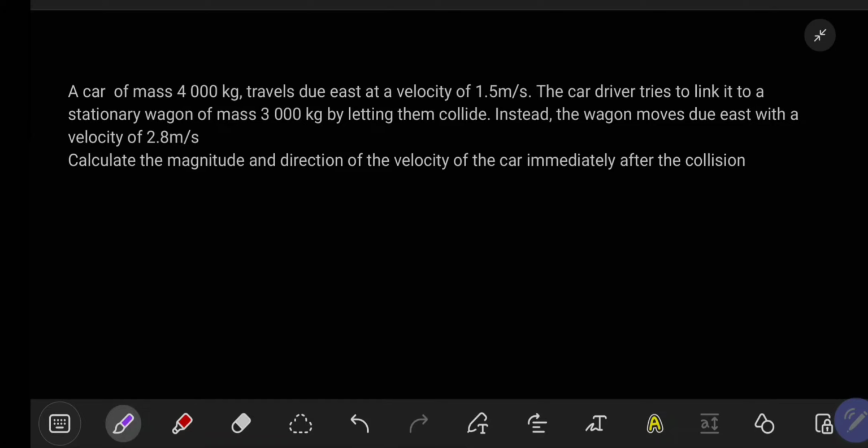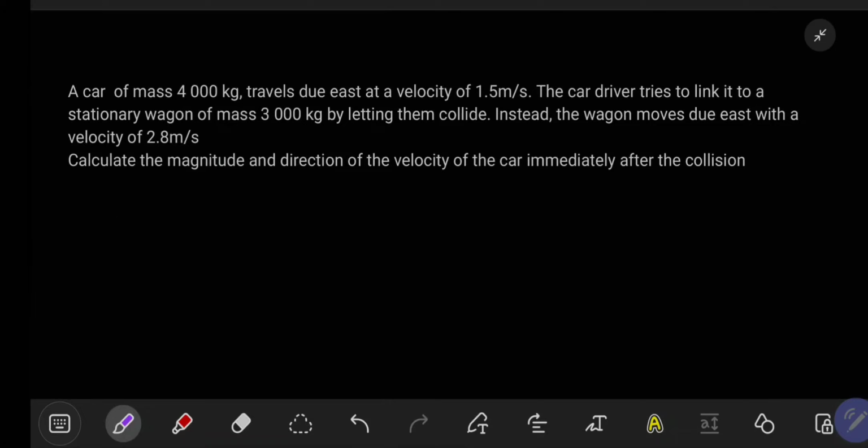The car driver tries to link it to a stationary wagon of mass 3000 kg by letting them collide. Instead, the wagon moves due east with a velocity of 2.8 meters per second. Calculate the magnitude and direction of the velocity of the car immediately after collision.